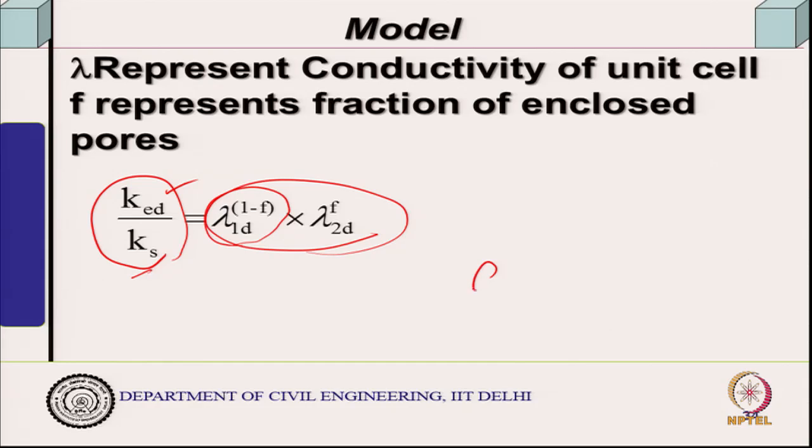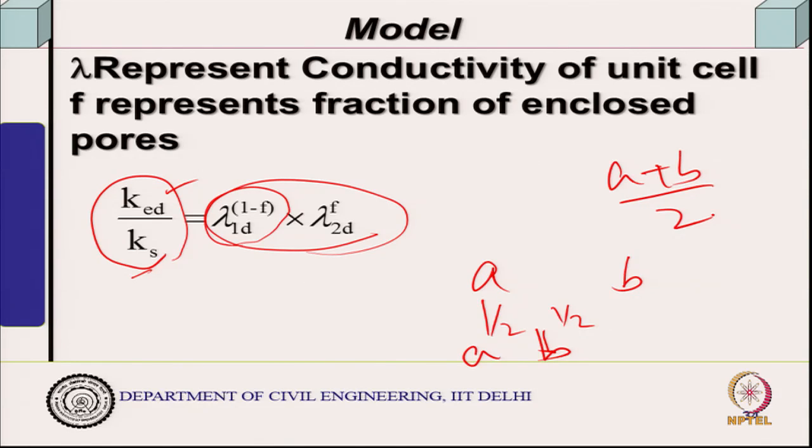Supposing I want to take the geometric mean of A and B, it is A to the power half, B to the power half. Arithmetic mean will be A plus B divided by 2. Supposing the weightage factor is not half, it is 0.3 A plus 0.4 B. So, for a weighted average, how do I find out?